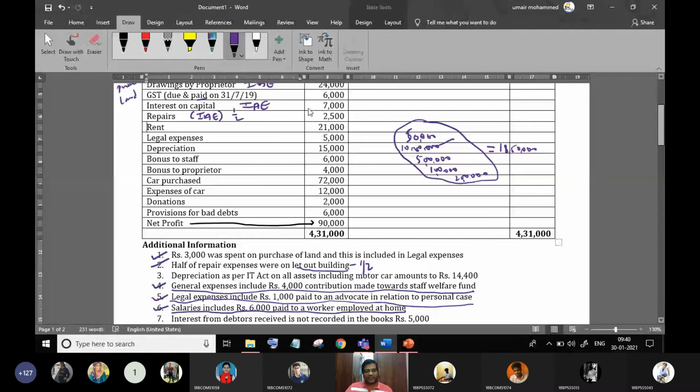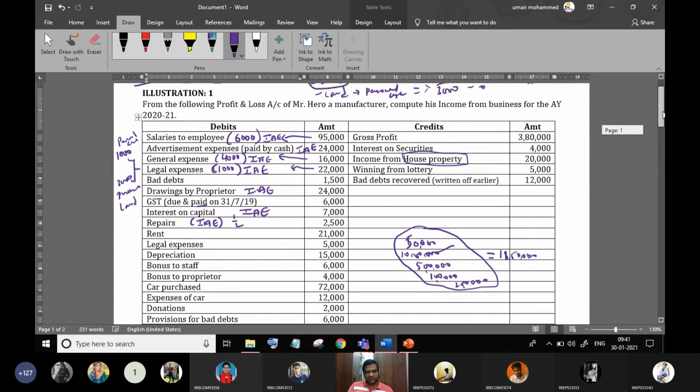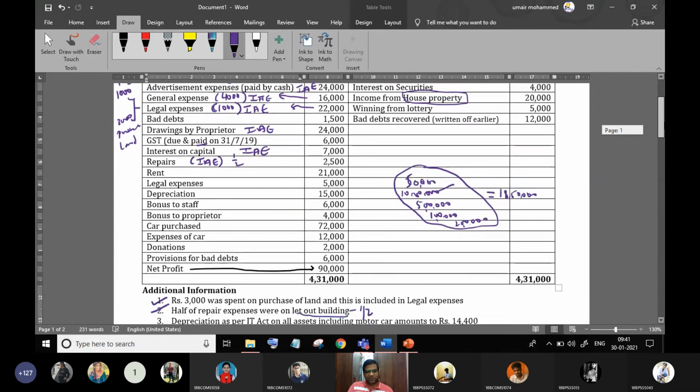So I was talking about rent, and I told you the rent is the shop rent or the godown rent which the assessee has paid. So this is allowed, and there is no adjustment pertaining to rent at all, right? Now again, one more time, legal expense has come. Legal expense has come twice, once here 22,000 and one more 5,000 here.